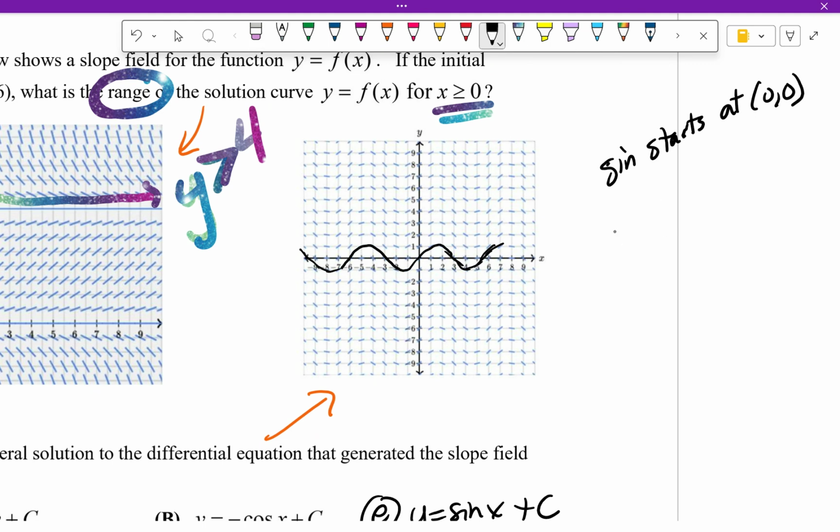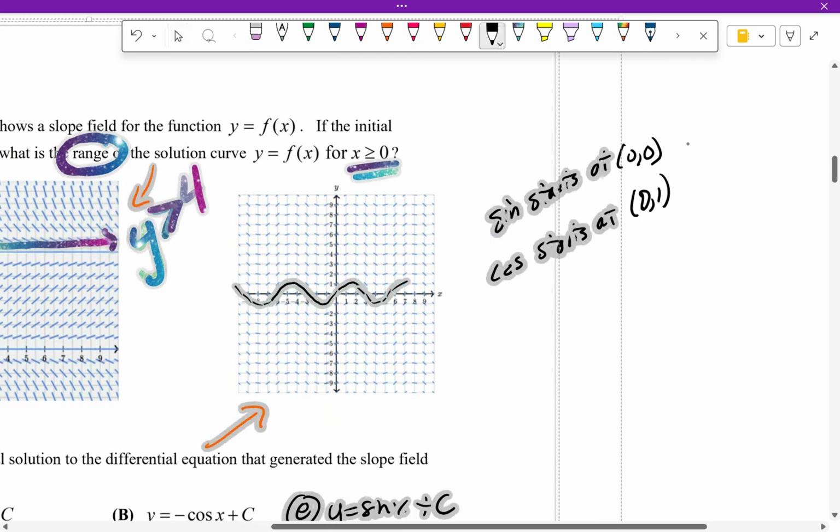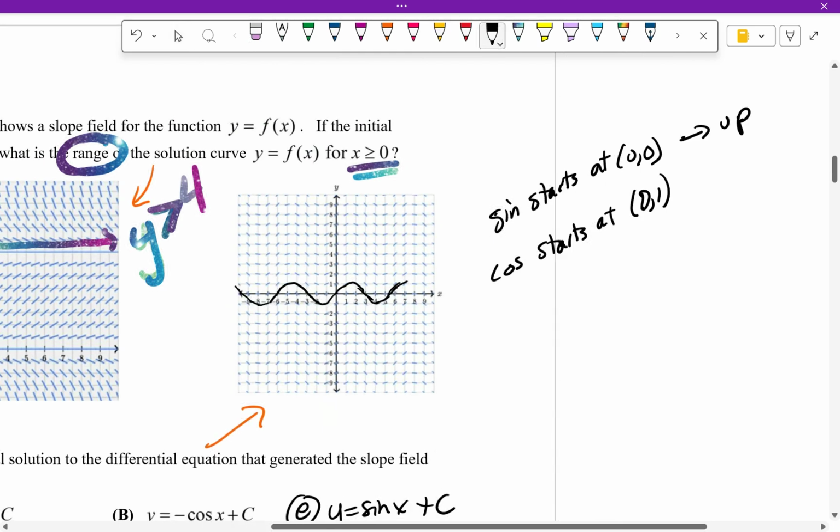Cosine starts at 0, 1. After that, sine should go up. If it goes down, it's the negative sine.